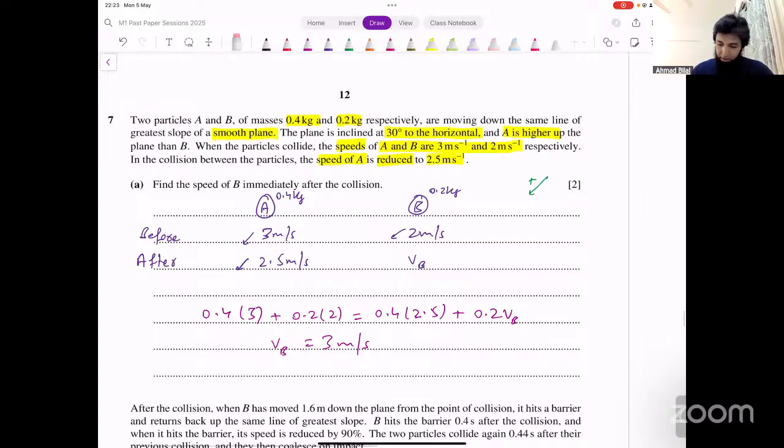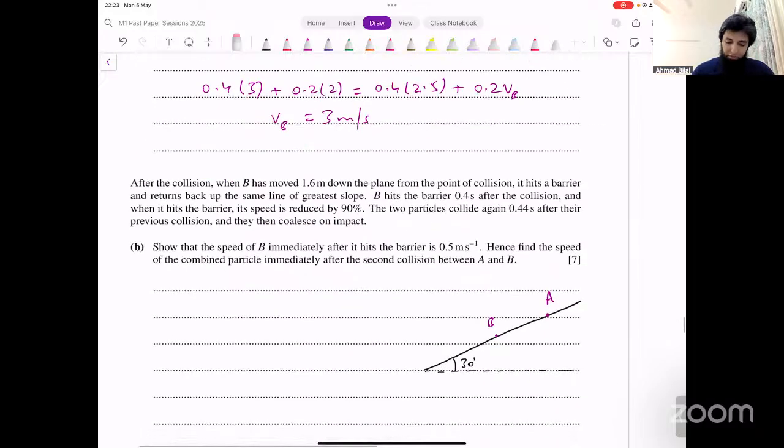And at that point, they are at the same position. So there's no distance between them at this point, just after the collision. So let's just represent it like this. Anyway, I'll do that again. Okay, so let's say this is particle A and this is particle B. They're both together.